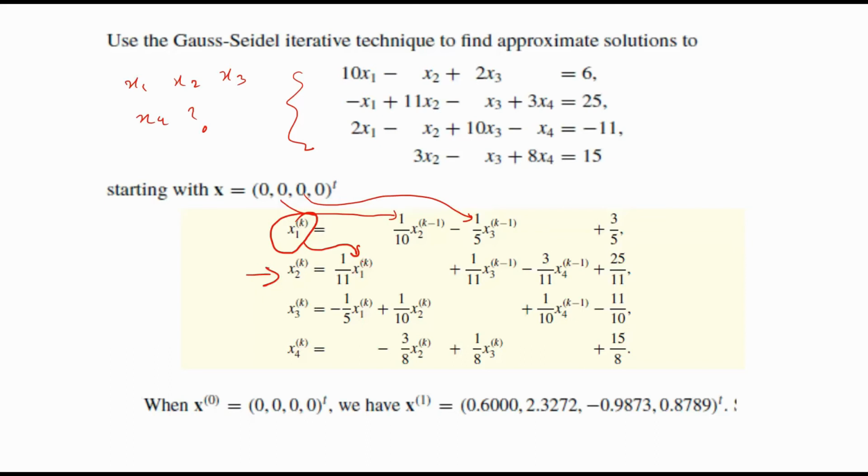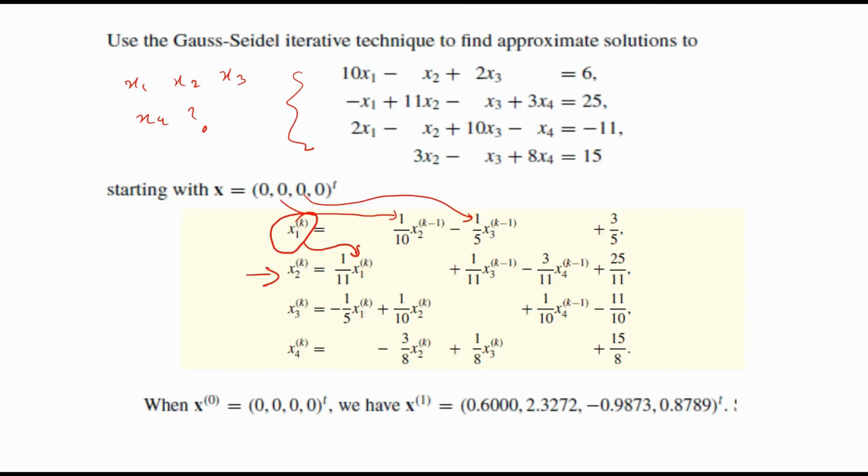But in the Seidel method, we will put the values which we are getting. Like here you calculated the value of x1k, so whatever the value is, you will put it over here, and for the rest which are not found yet, you will use the previous value, like x3 0, so this one will be 0 and this will also be 0.